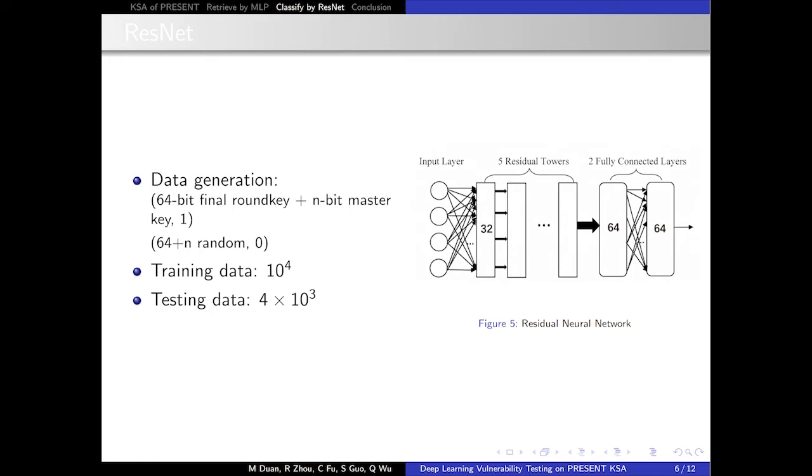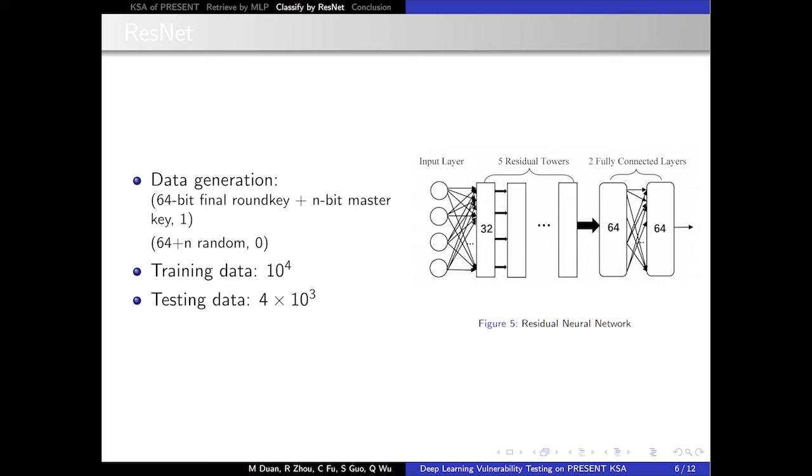The training and testing data are divided into two parts, with label 1 and 0. One sample with label 1 is 64 plus n bits in length. The front is the 64-bit real round key, followed by n bits chosen from its master key. The rest, labeled 0, are random data with the same length.